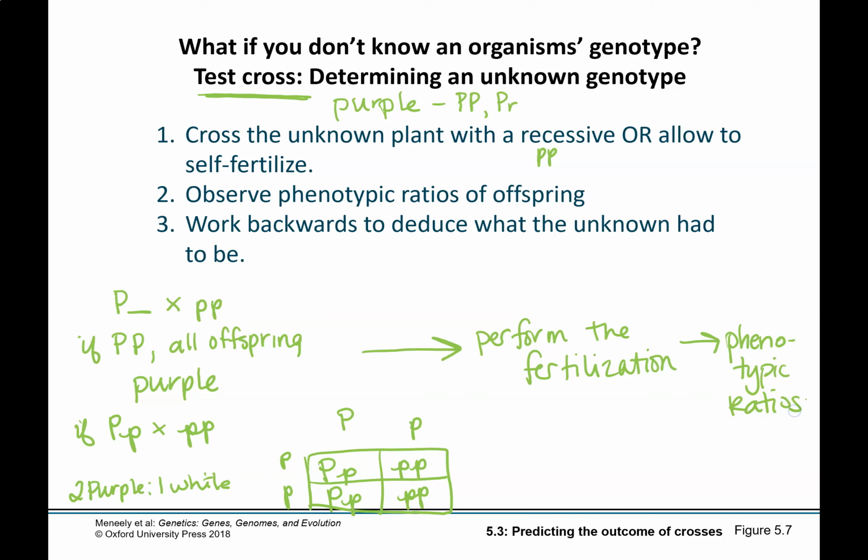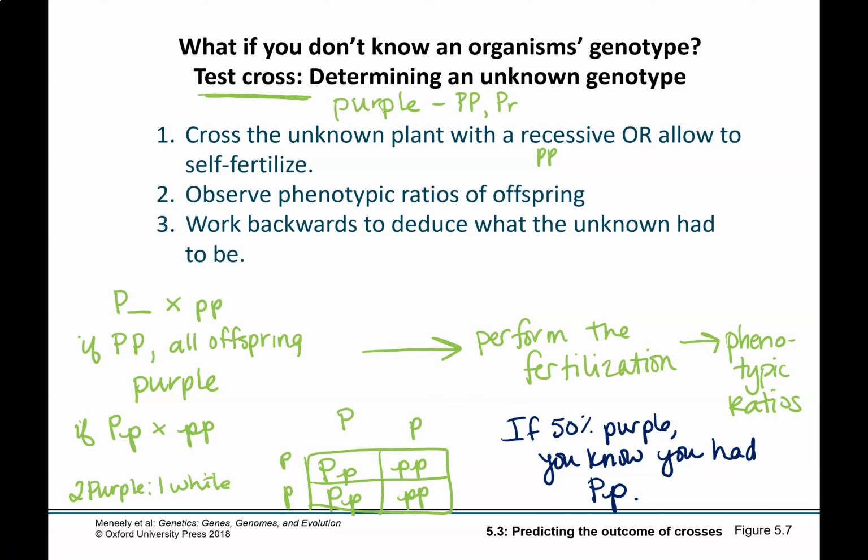So if you get 50% purple, you know you had a heterozygote. If you get all purple, then you know that you had the homozygous individual.